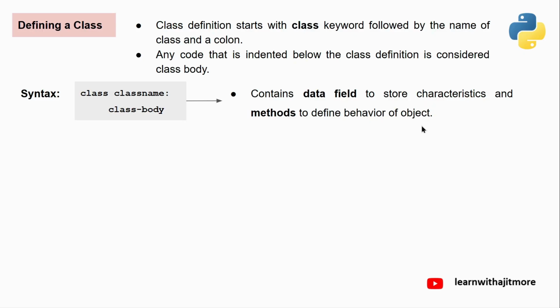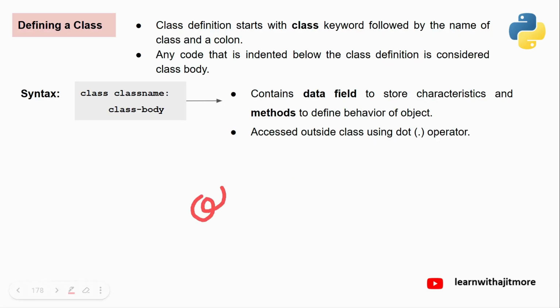Those all are behavior, which we'll call methods. So both things you encapsulate within the class. Correct? And then how are those data and methods accessed outside? Using the dot operator. But you'll attach that dot operator with whom? With the object. You'll create an object, then dot, and then you will access that data or the methods.